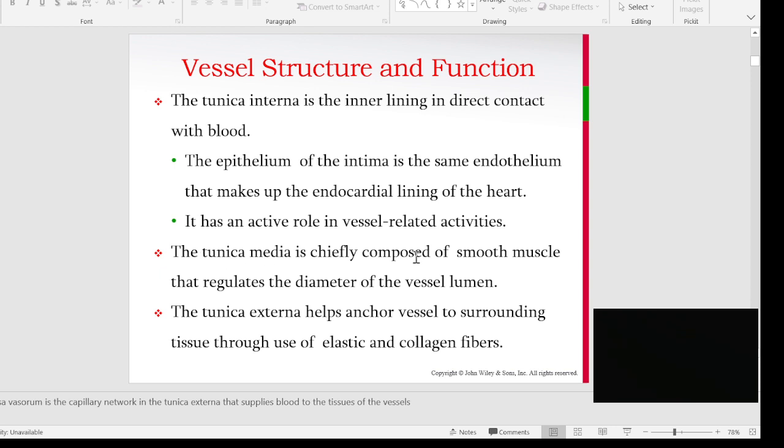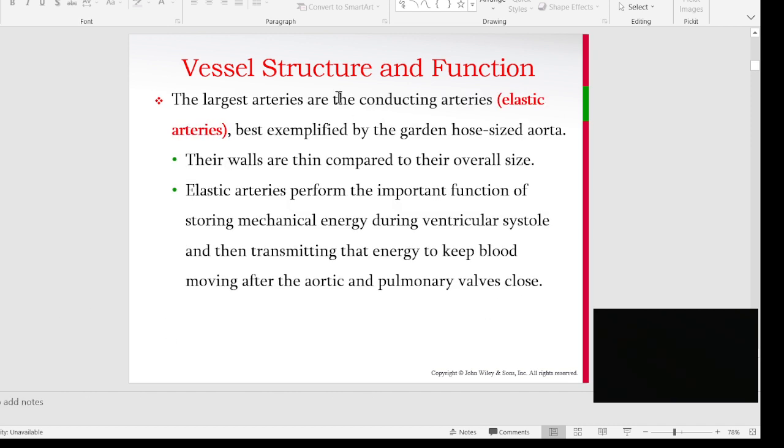Then you have your media, which is the muscular layer, made up of smooth muscles, and the externa, which is basically surrounded by connective tissues. So the largest artery is your aorta.